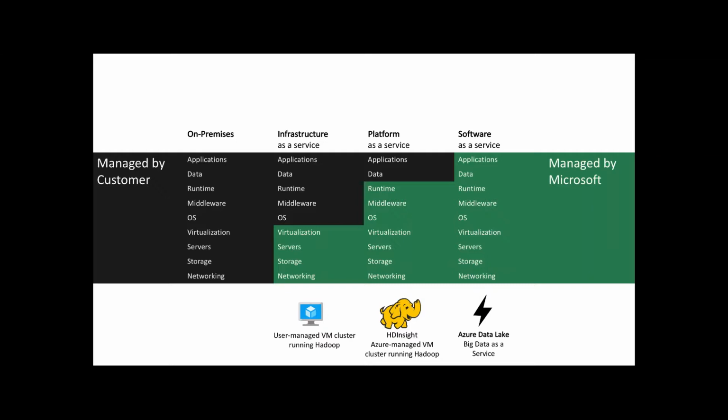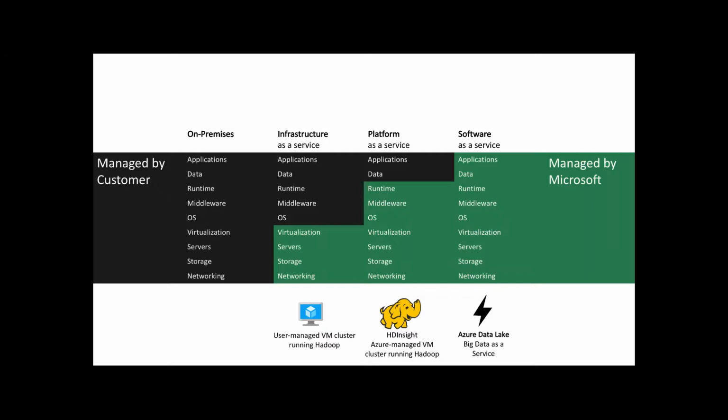Okay, great. So you could build VMs in Azure and you could install any Hadoop distribution that you want. You could install Cloudera or MapR or Hortonworks, and you're administering the operating system, that's usually Linux, but it can be Windows. You're administering the application and virus checking and updating and upgrading and all that stuff.